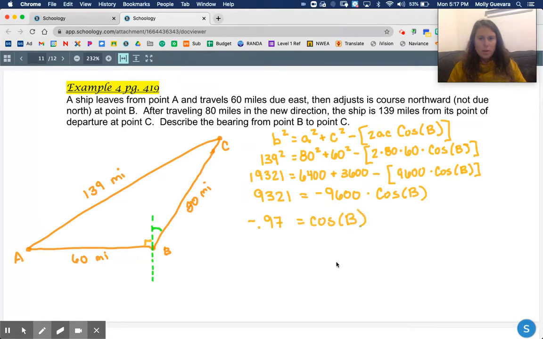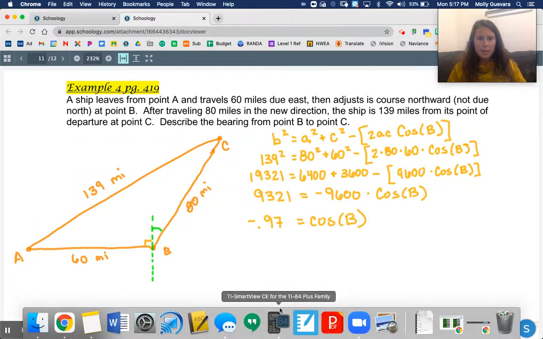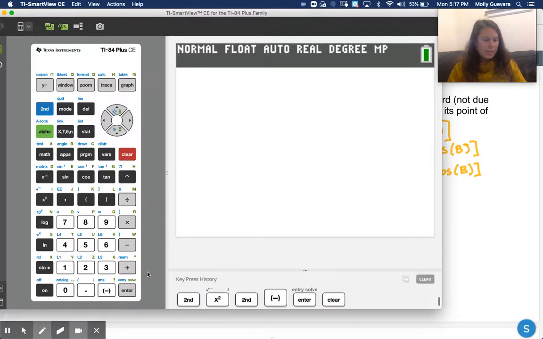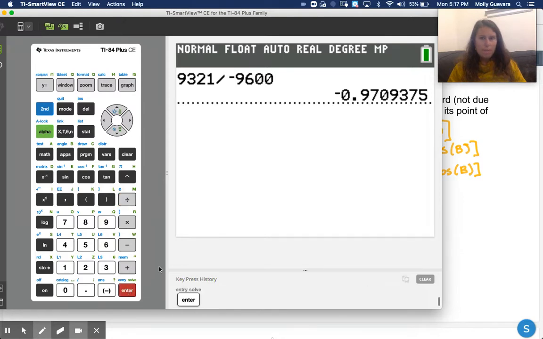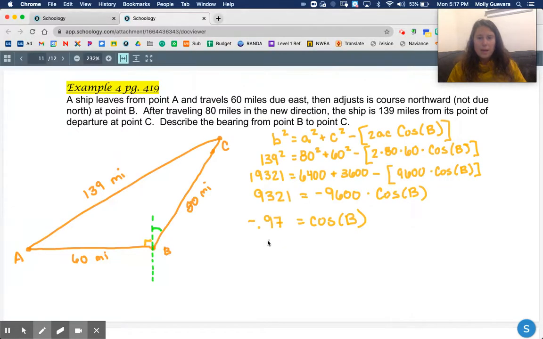So from here, I'm going to show you what I'm doing now on my calculator, okay? So I did 9,321 divided by negative 9,600. That got me this, okay? Now I need to just take the cosine inverse of that to get me b.